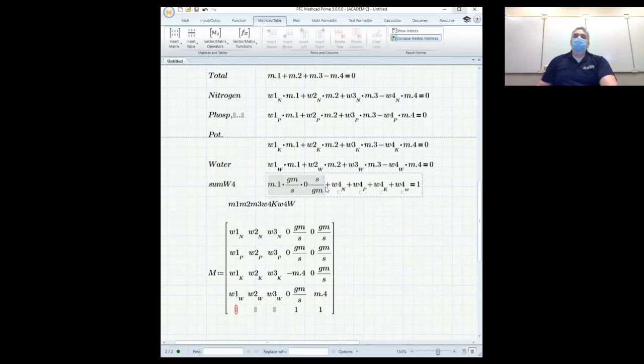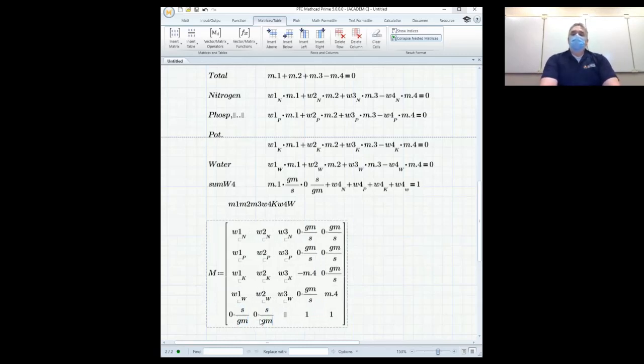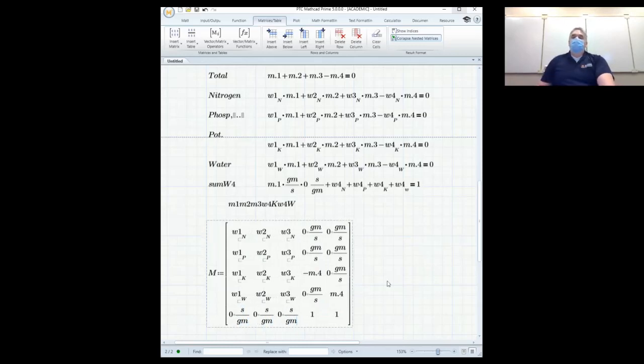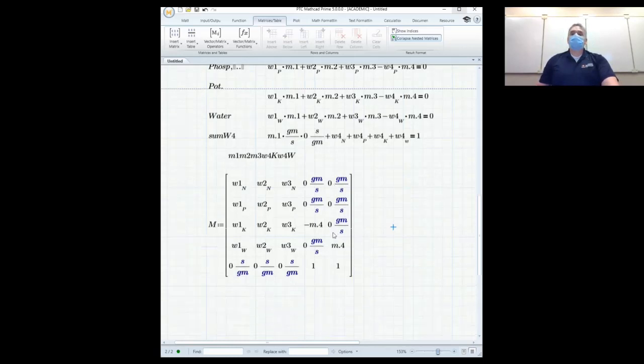So M1 is this. I have to put in here a 0 seconds per gram. Then I need to do the same. There's no M2, 0 seconds per gram, and then 0 seconds per gram here. So now I've got my matrix that basically defines these equations with these 5 unknowns.